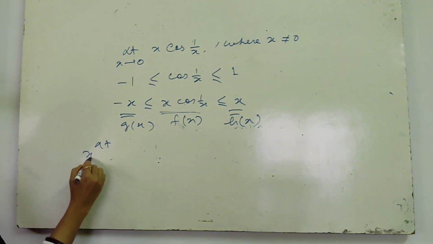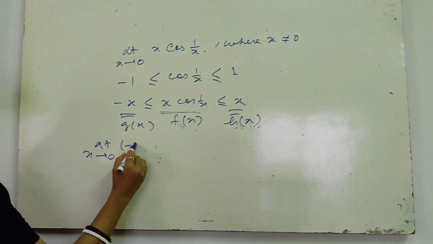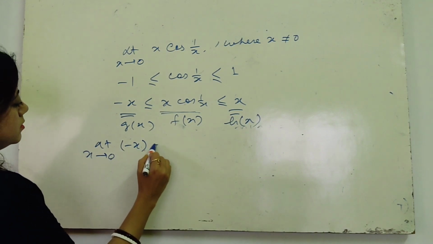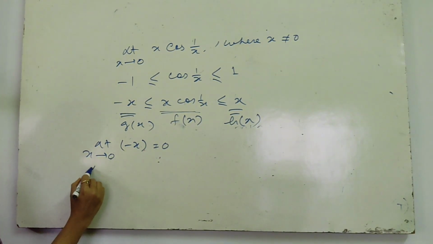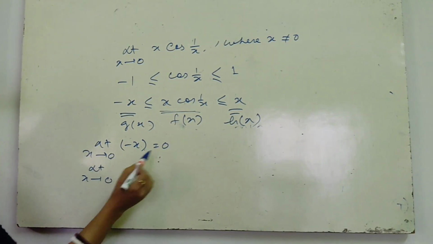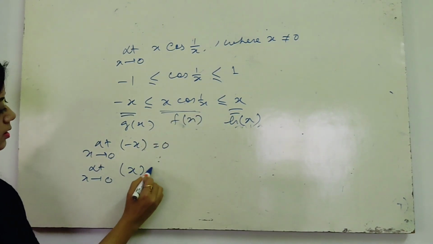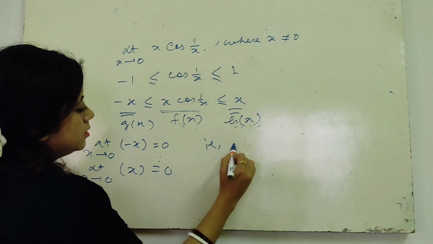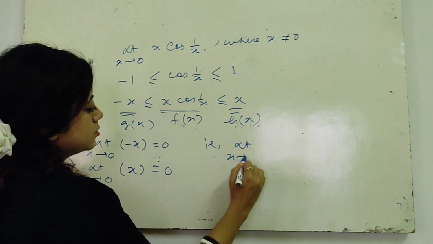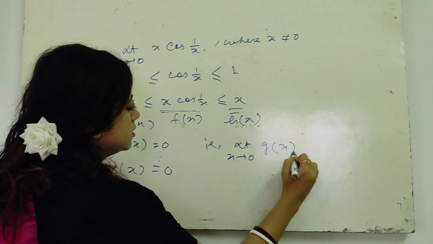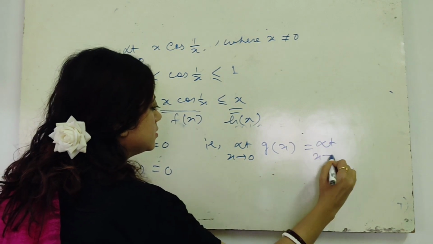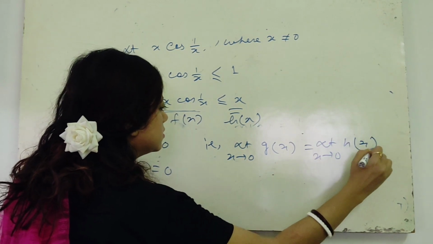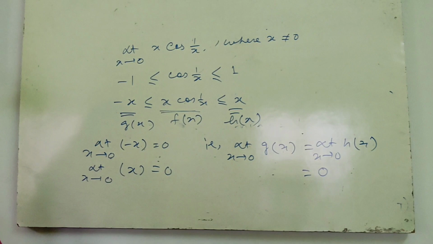See, the limit as x tends to 0 of minus x equals what? 0. The limit as x tends to 0 of x equals what? 0. So what we get is that the limit as x tends to 0 of g(x) equals the limit as x tends to 0 of h(x), equal to 0.